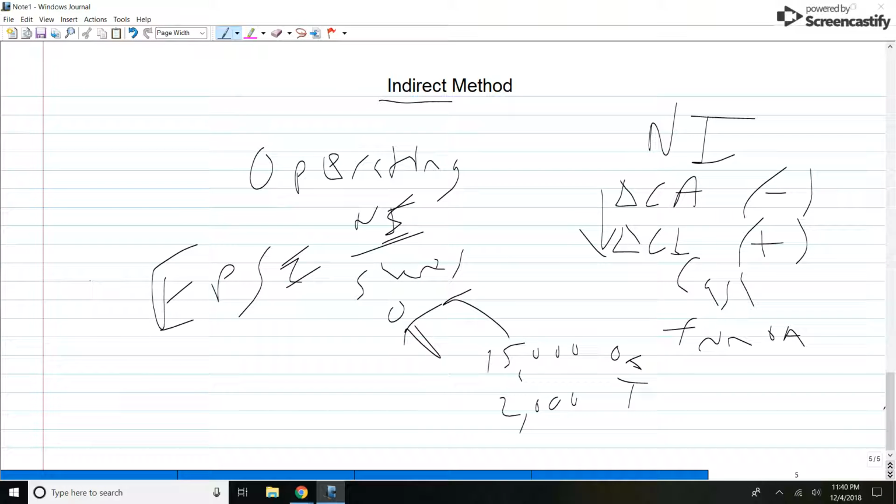The last thing you should know about earnings per share is that it's required to show up on every single company's income statement. If you know those things, you should be good.